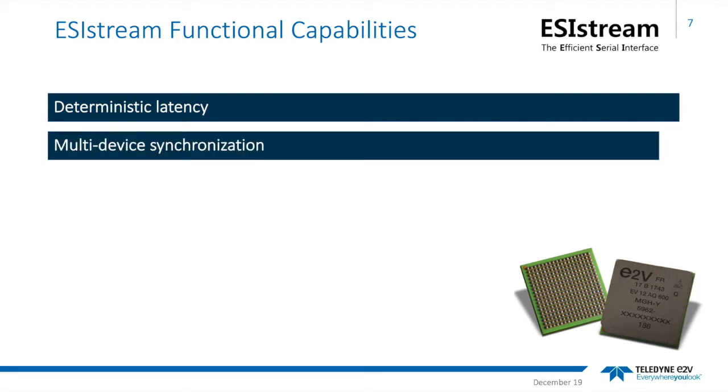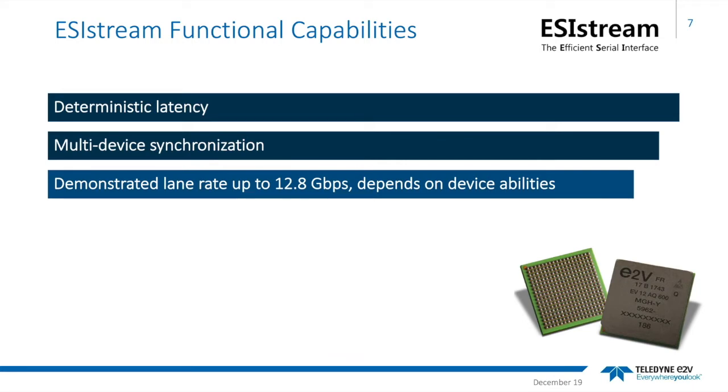Synchronization is ensured through a sync signal unique to ESIstream. Unlike with JESD204, ESIstream does not rely on the expense of an additional precision clock. Rather, as we'll see shortly, it uses a relatively slow pulse that can be chained through multiple devices and is retimed at each active component in the chain to enable a mass of converters to operate as if being one ultra-high channel count single device.